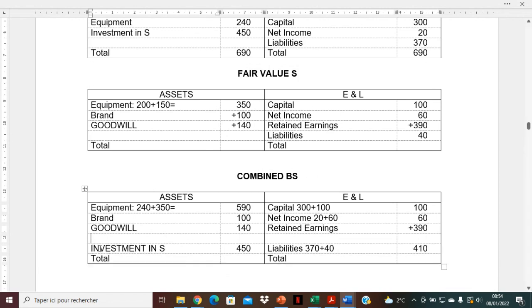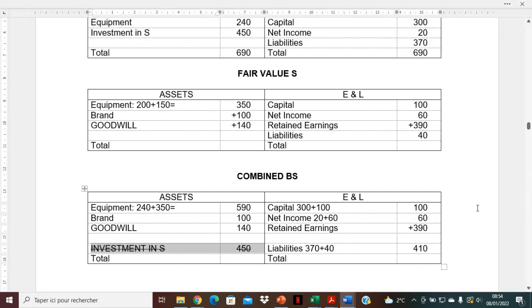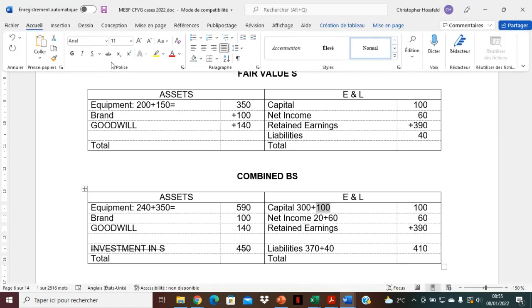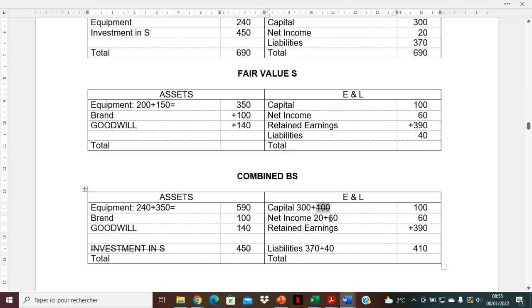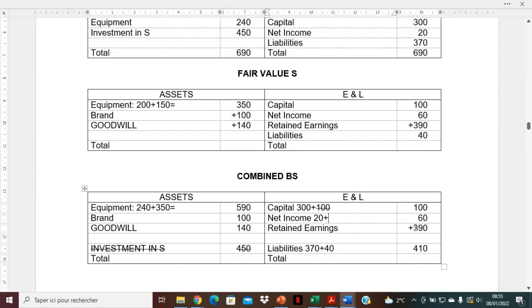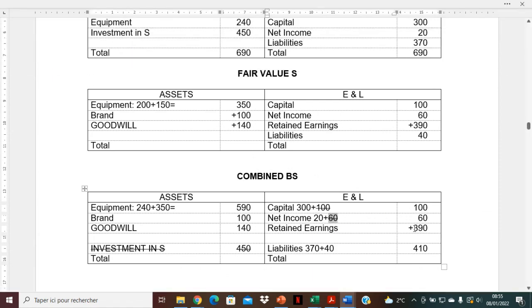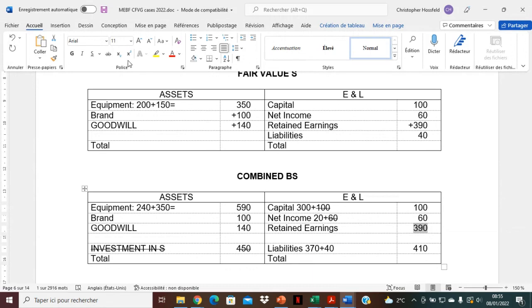And I need a specific line. Same thing, we eliminate the investment. And I eliminate directly all of the capital of the subsidiary, like we did previously, all of the pre-acquisition profit of the subsidiary, and all of the retained earnings of the subsidiary.